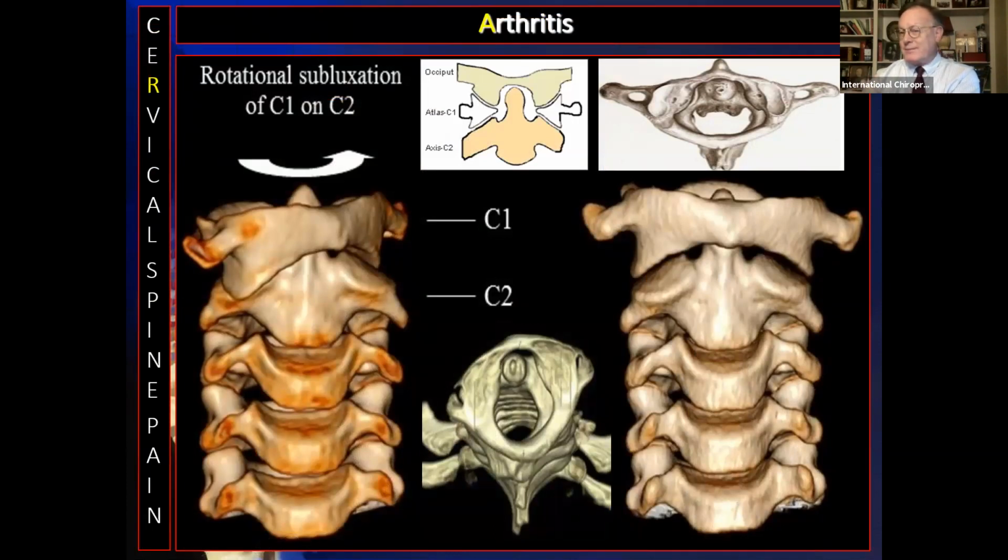So you really can't get to 90 degrees, about 80, 85 maybe. So 40 degrees of your rightward rotation in this particular case is C1-2 alone. The rest of it comes from the facets sliding on one another. So half of your rotation capabilities are at this C1-2 level.